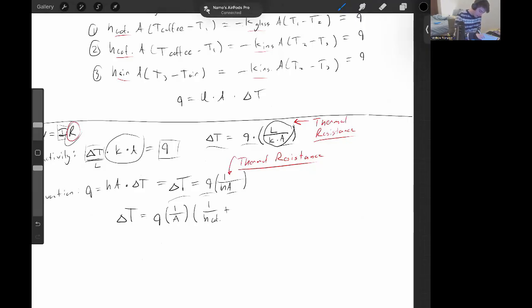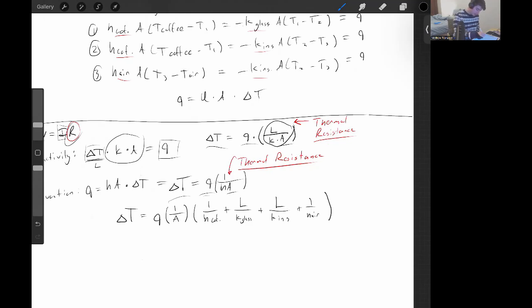And now we're going to add that by the length and then the thermal conductivity of, let's say, glass. And then we're going to add that by the inverse of the thermal conductivity of insulation. And we're going to do the same thing for the air.